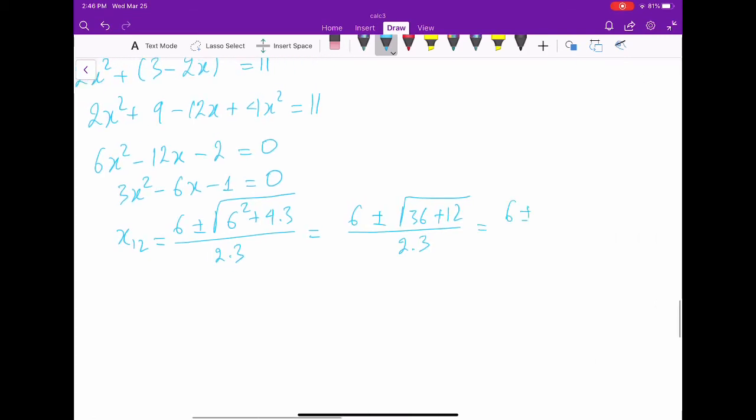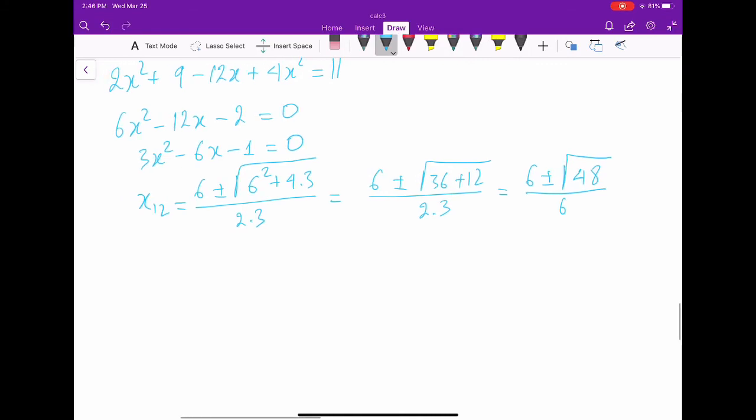That is 6 plus minus square root of 48 over 6, right? I think we can simplify a little bit in here, because 48 is 4 times 12, right? Square root of 4 is 2. So I get 6 plus minus 2 square root of 12 over 6, which is 3 plus minus square root of 12 over 3.